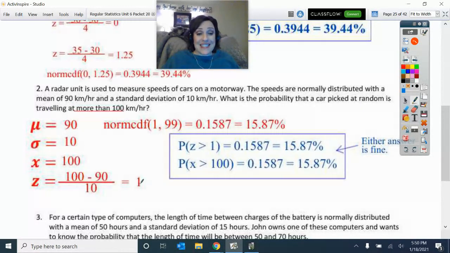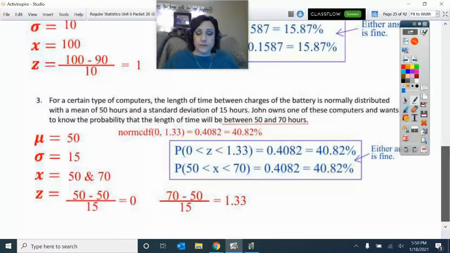When we get that z-score of 1, we're going to norm CDF from 1 to 99, 15.87%. And again, you can write your answer either way. You may choose to write the z-score is greater than 1 or the probability that the x value is greater than 100. Either way is fine.